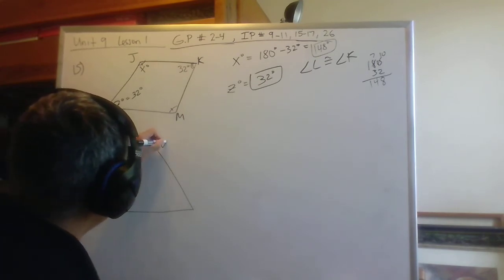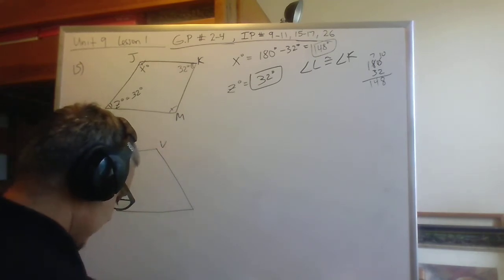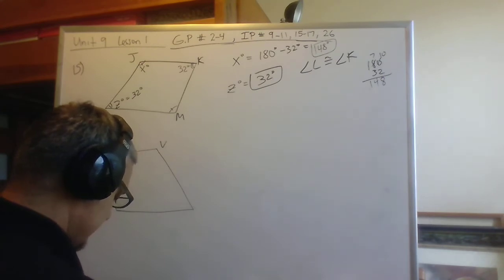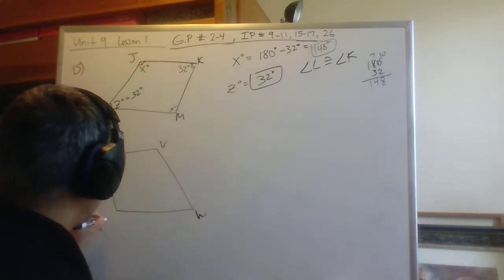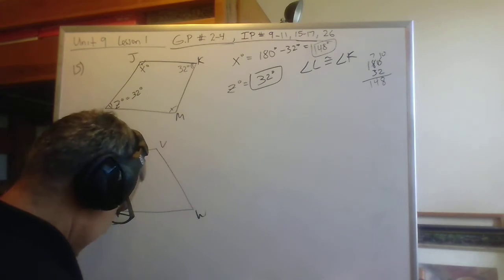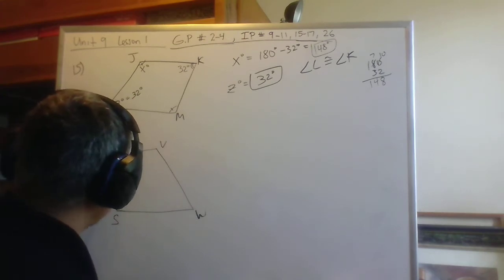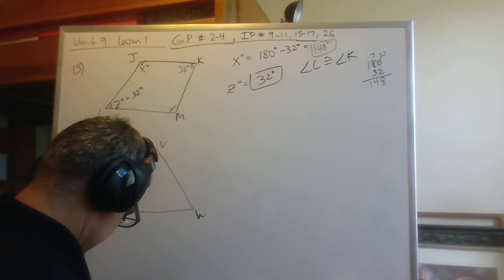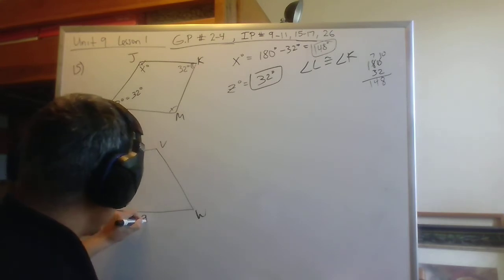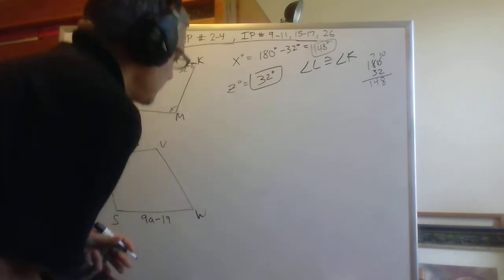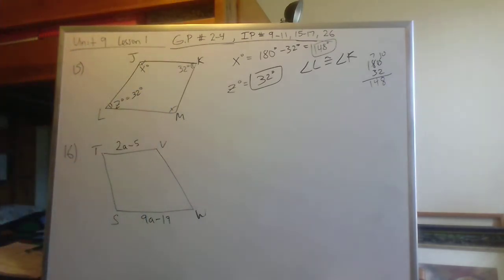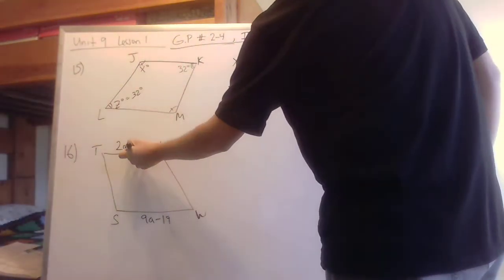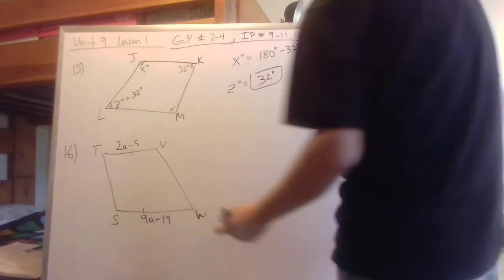So for number 16, we have parallelogram TVWS, and we have side TV equaling 2A minus 5, and side SW equaling 9A minus 19. Okay, so looking at this problem, remember when I said the opposite sides of a parallelogram are congruent?